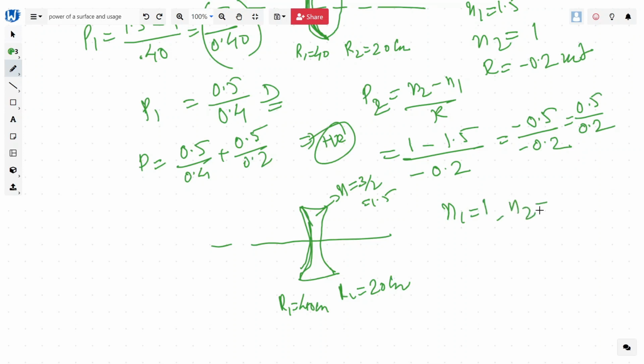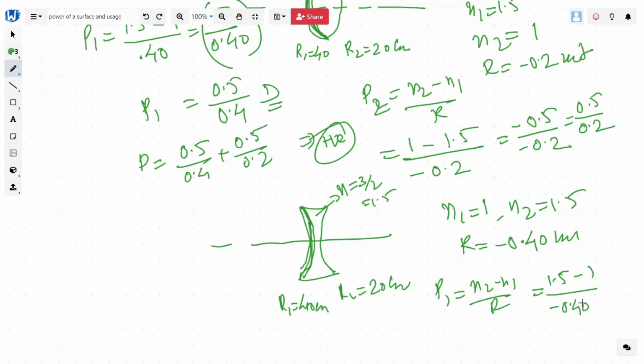N2 is going to be 1.5, and R in the negative direction is minus 0.4, and the power P1 will be N2 minus N1 by R. This one is going to be 1.5 minus 1 divided by minus 0.4, and roughly it's going to be 1.2, right? And this is going to be negative.